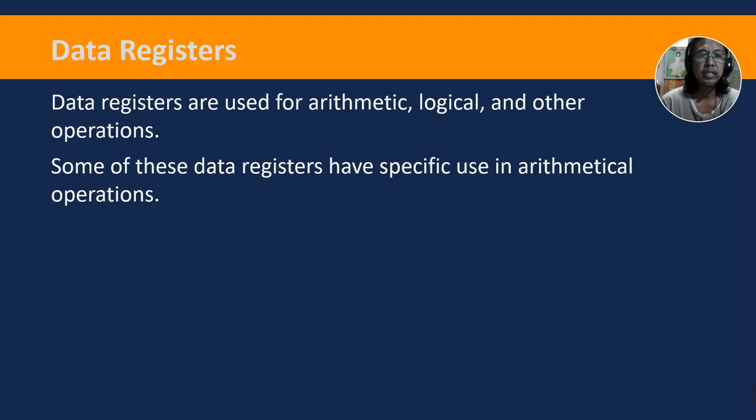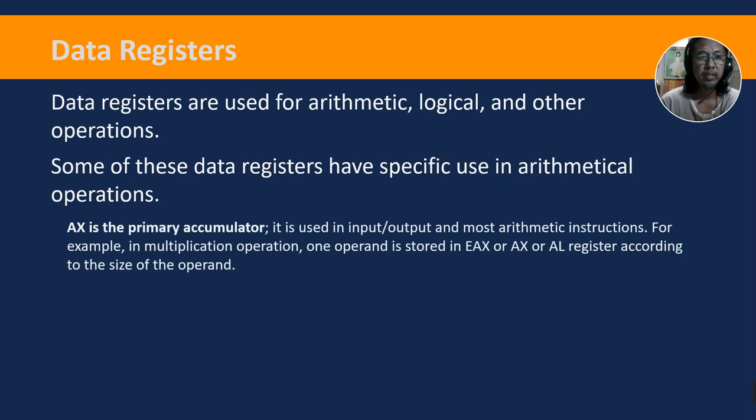Some of these data registers have specific use in arithmetical operations. AX is the primary accumulator. It is used in input, output, and most arithmetic instructions. For example, in multiplication operation, one operand is stored in EAX or AL register according to the size of the operand.